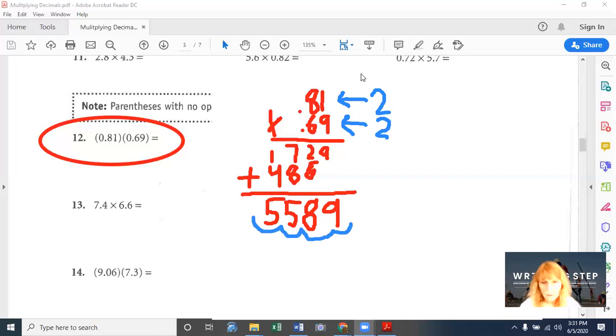So we're going to put the answer of 0.5589. So it's the same thing. It's just using parentheses, and that means multiplication as well.